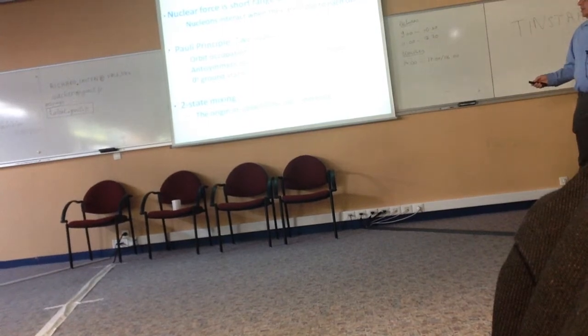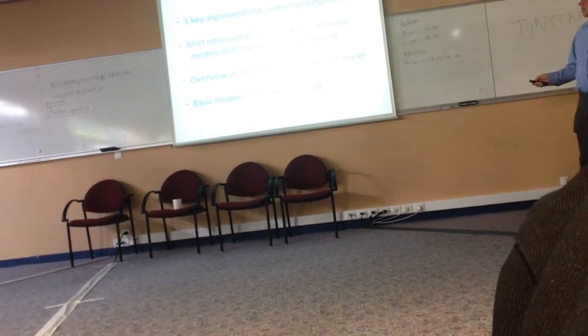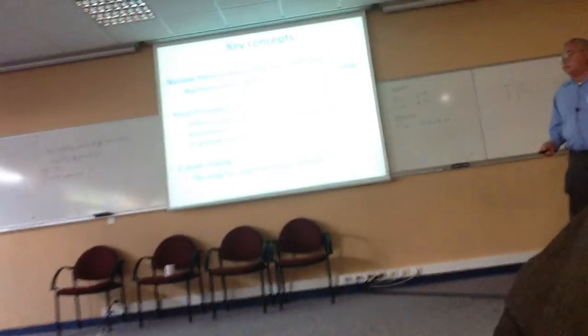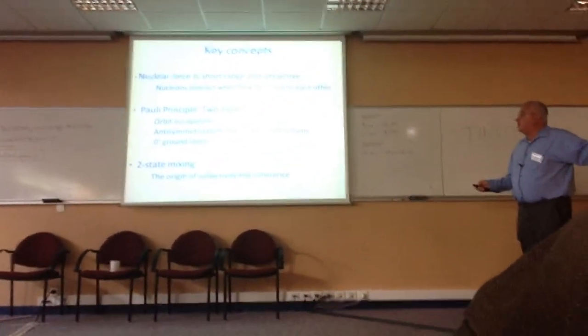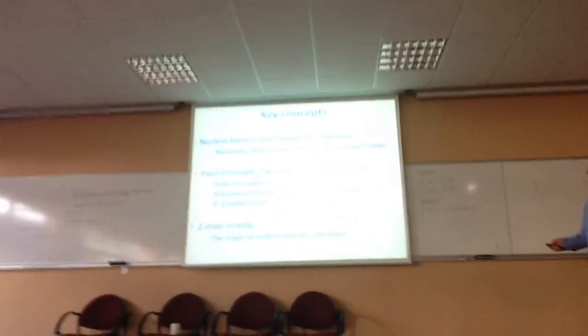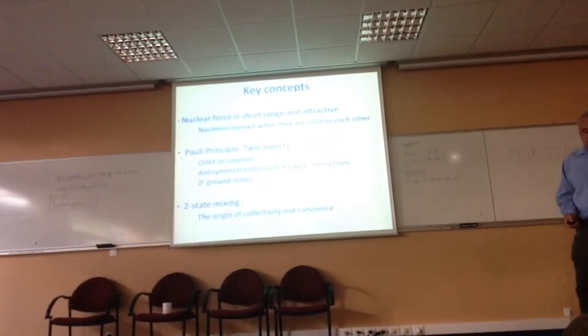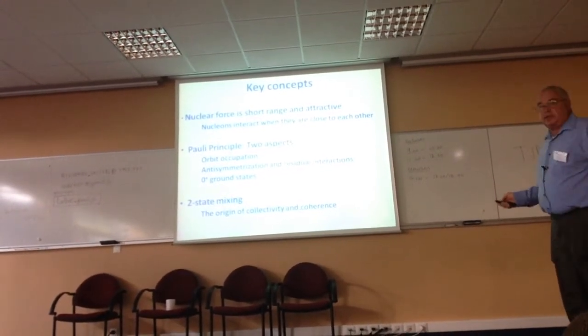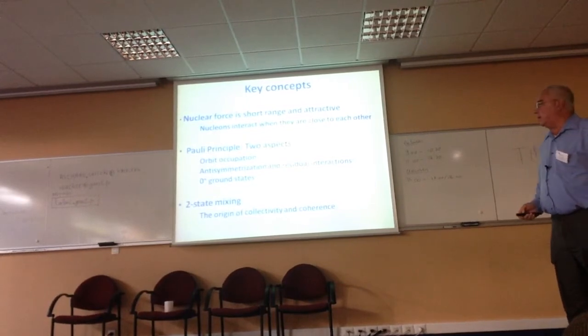Okay, key concepts. These are the three key ingredients for understanding nuclei. Now, it's not everything, but this gives you a good start. One is that the nuclear force is short range and attractive. That is, nucleons, protons, and neutrons interact with each other when they're close to each other. Now, that's a very hand-wavy way of saying it, but it has the basic idea behind it.